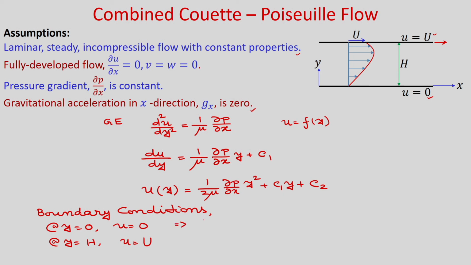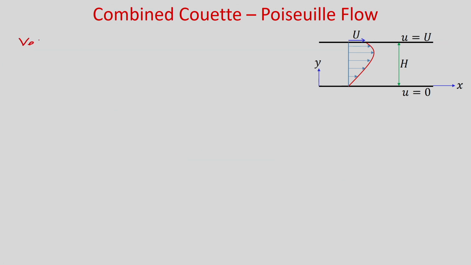Now, if you invoke the condition at y is equal to 0, u is equal to 0, obviously you are going to get C2 as 0, and if you put y is equal to h, u is equal to U, you will get the constant C1 as U by h minus h by twice mu del p by del x. Here capital H is the distance between the two parallel plates. So, now if you put these constants C1 and C2 in this equation, we will get the velocity profile.